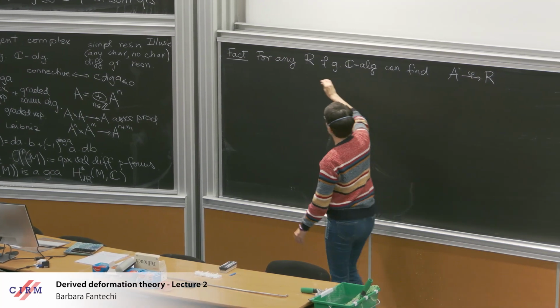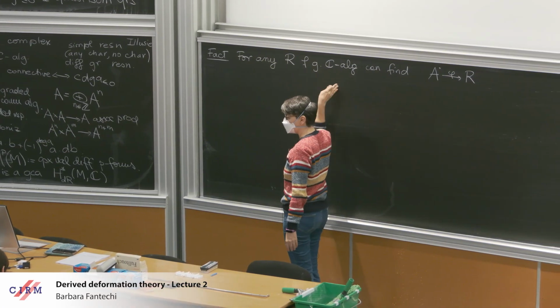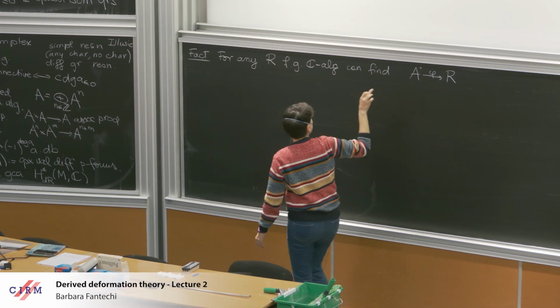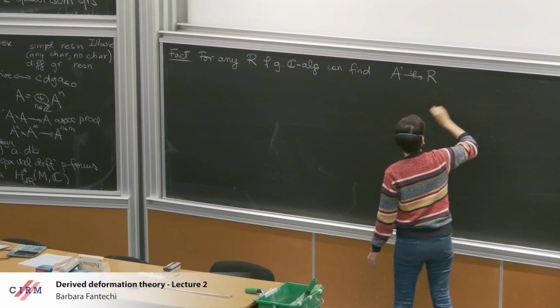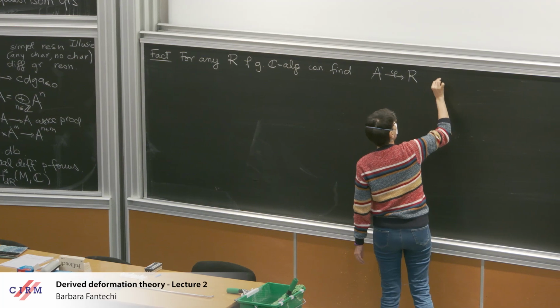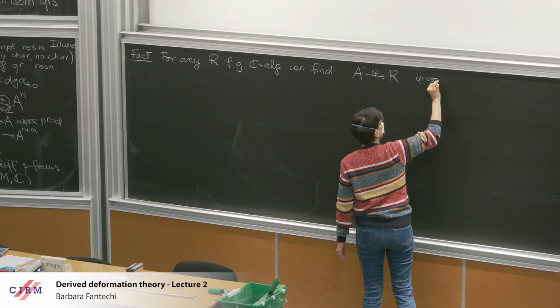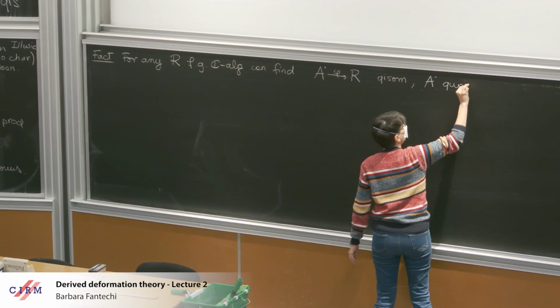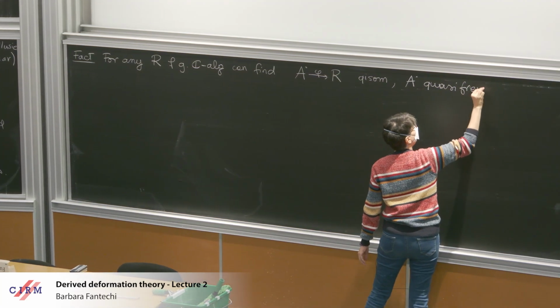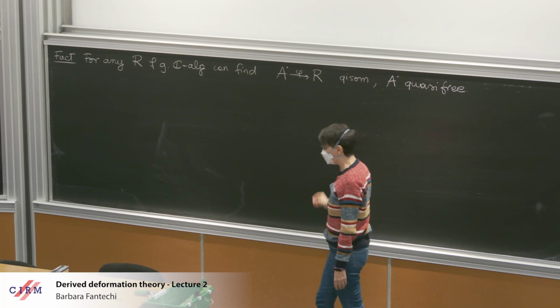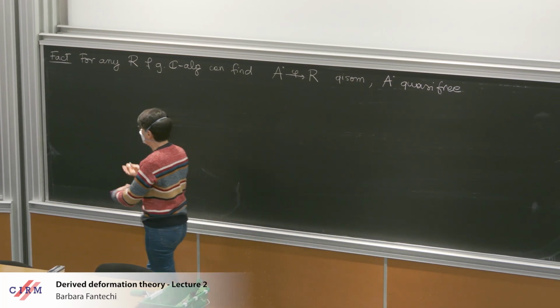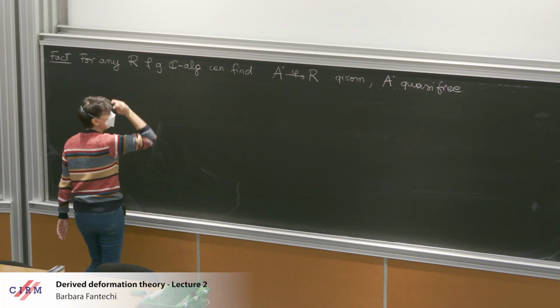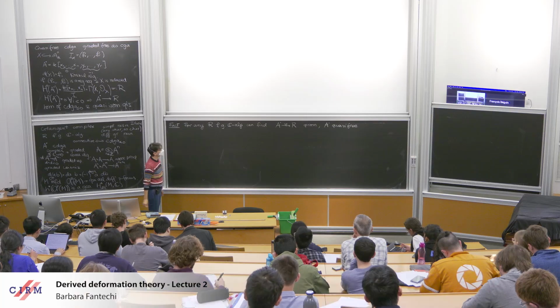So this is non-derived, this is classical, this is all in degree 0, and this is all in degree 0, which is a quasi-isomorphism with A dot. Quasi-free. And of course, it's not unique, and in fact, you don't even need finitely generated. You can always do it.